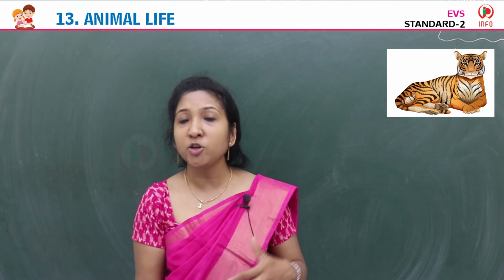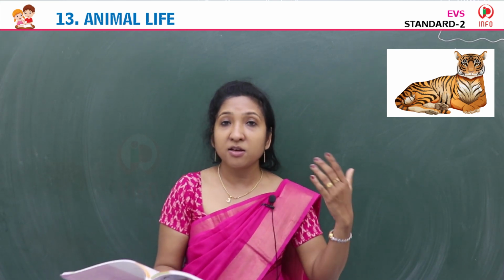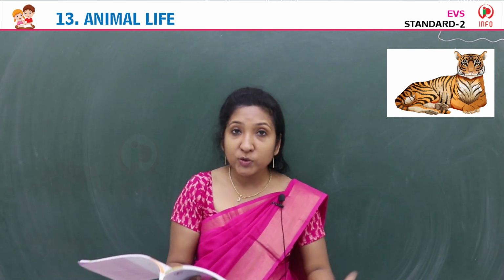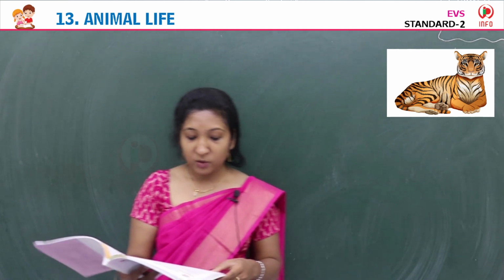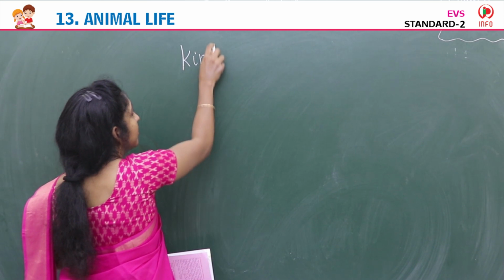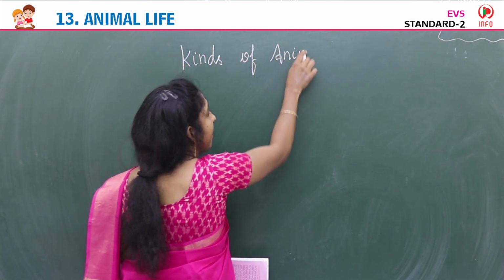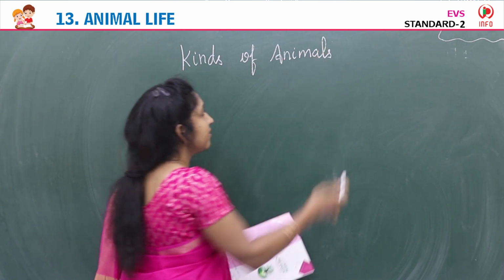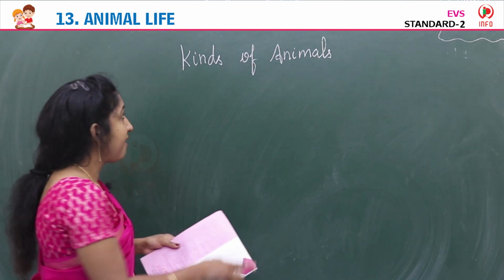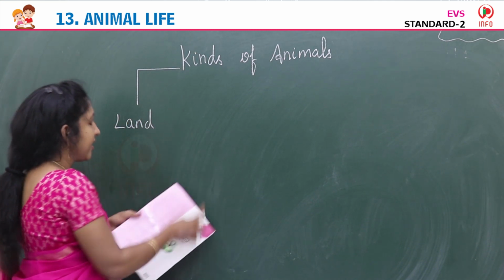Now we will learn about the different kinds of animals, their food habits, where they live, what their uses are, etc. So, kinds of animals. First, we have land animals.